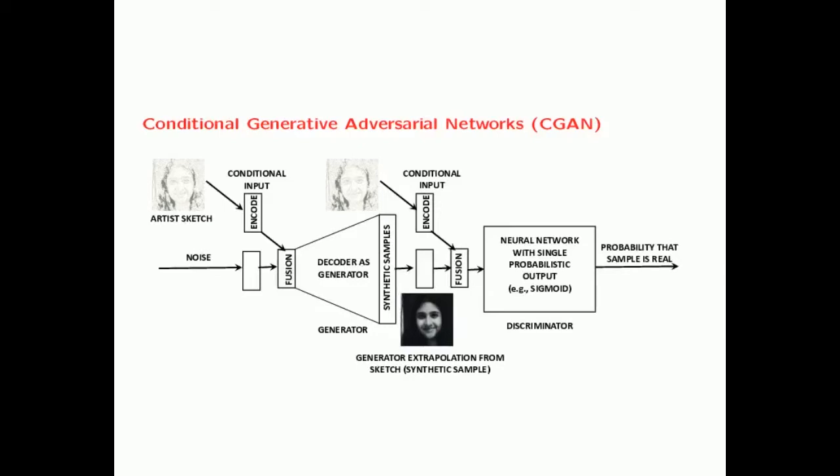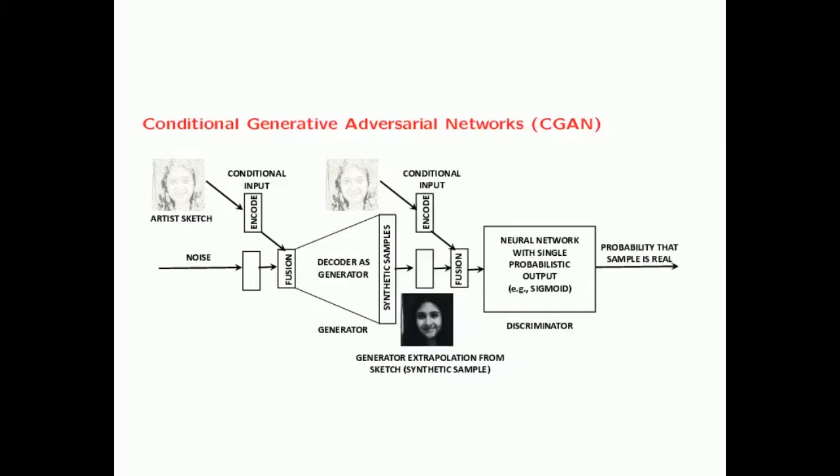Now note that in the case of your vanilla generative adversarial network, there was no conditioning. So here you feed it pairs. While training the generator, you will feed it pairs of the sketches as well as the real samples, and the goal again is to fool the discriminator that the sample is real.